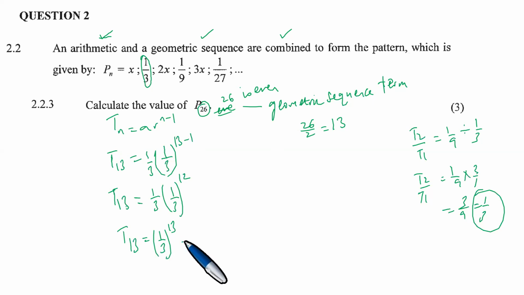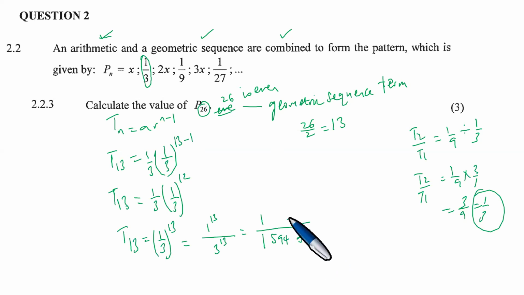You can also write it as 1 to the power 13 over 3 to the power 13. So 1 to the power 13 is 1, but 3 to the power 13 is 1,594,323.